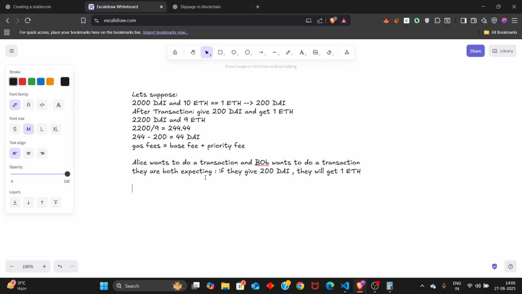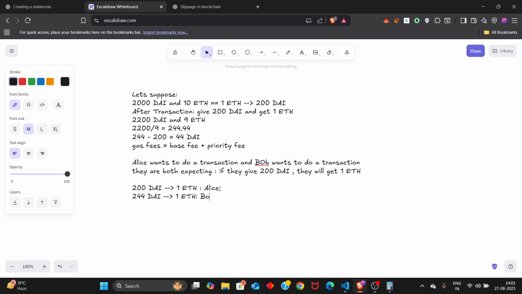Now, if Alice gives 200 DAI, she will get 1 ETH. This is the transaction for Alice. But if Alice's transaction is executed first, then Bob has to pay 244 DAI in order to get 1 ETH.